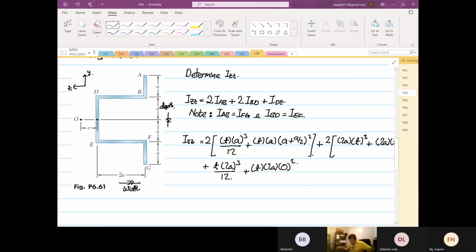Okay. So now we are going to remove the brackets or expand the term any way you want to see it.